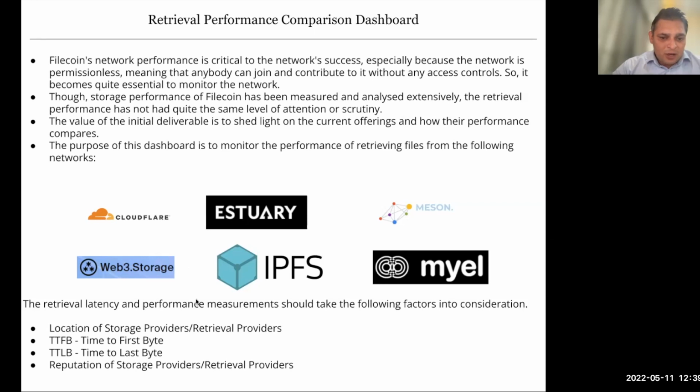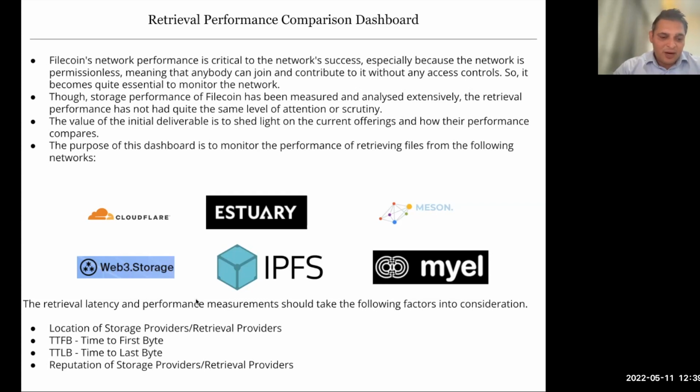Based on different metrics, we are trying to get the performance of the retrieval of a specific file based on the location. The metrics are TTFB, which is time to first byte.